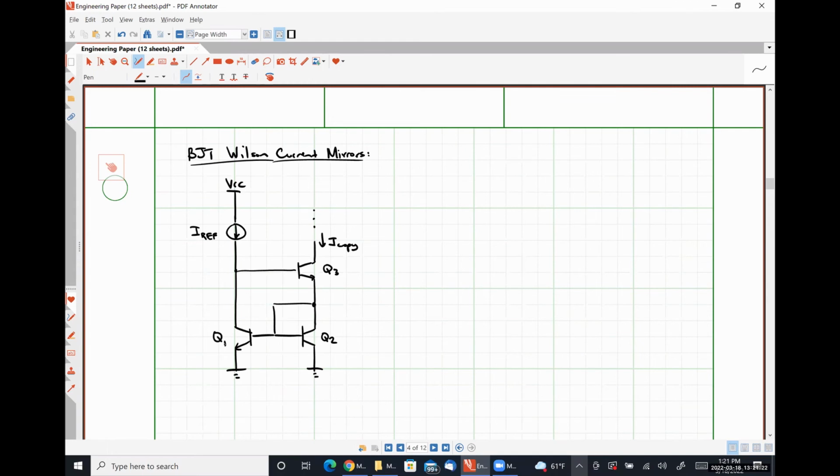So a few things here. Down here at the bottom, VBE1 and VBE2 are the same.